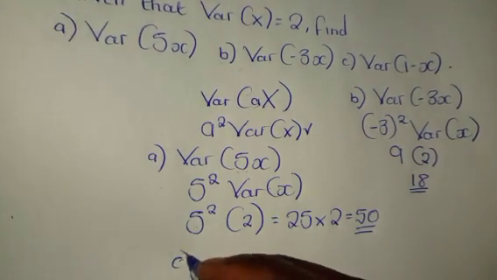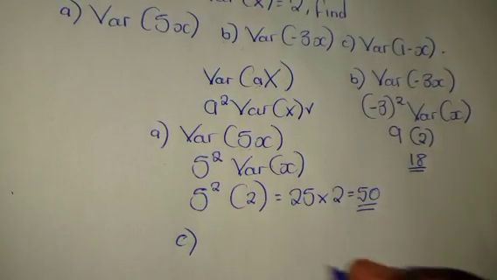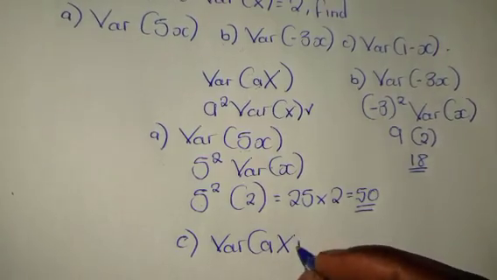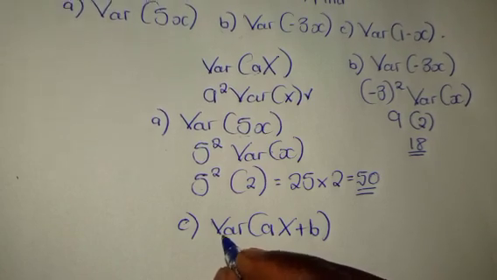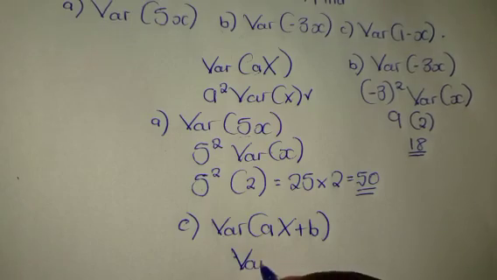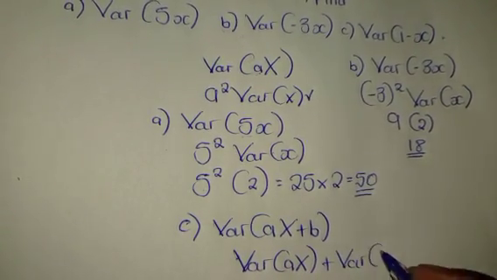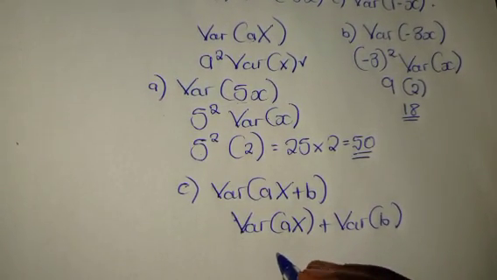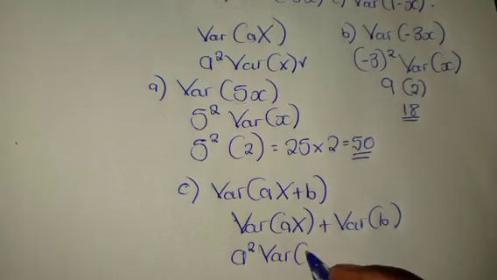So remember, under the properties of variance which we looked at the other time, we discussed that the variance of ax plus b is the same as where you distribute the variance to what is inside, and you will have the variance of ax plus the variance of b, where we alluded that this is the same as the property that was in the second, which is a squared, the variance of x.